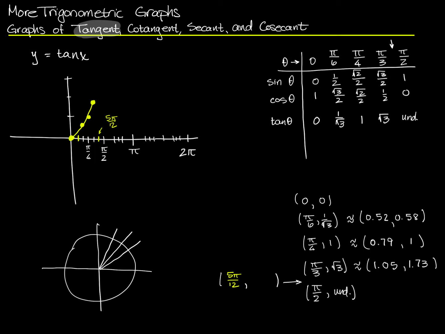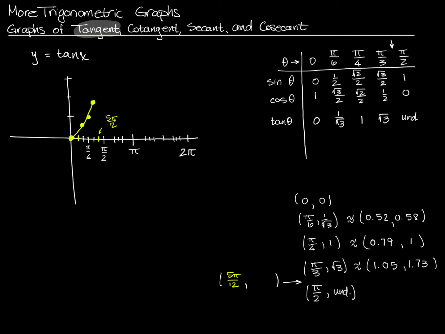Well, these are all multiples of pi over 12, with the first one and the fifth one missing. So now I have 1 pi over 12, 2 pi over 12, 3, 4, 5, 6 pi over 12. And you can continue that all the way around. Kind of fills in those gaps, and I think it makes it easier to remember. Anyway, that wasn't my point here. My point was to plot an extra point, 5 pi over 12, whatever its y value is.